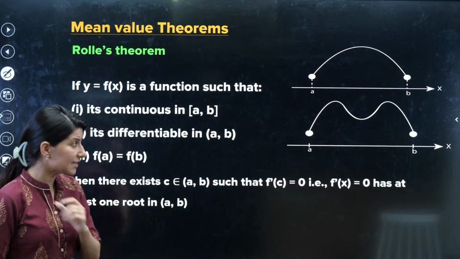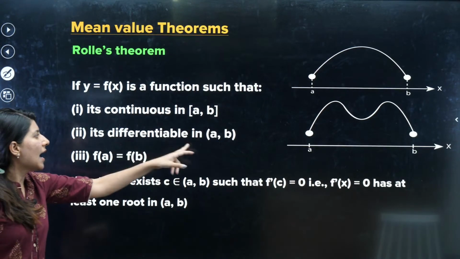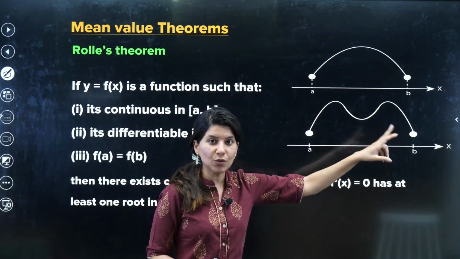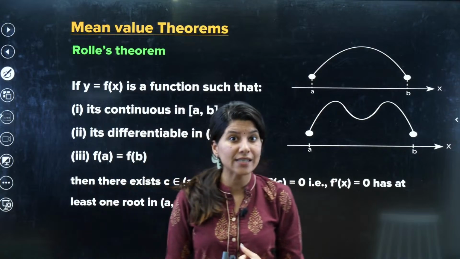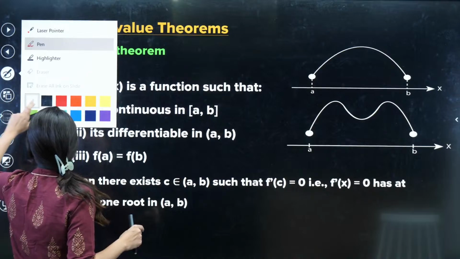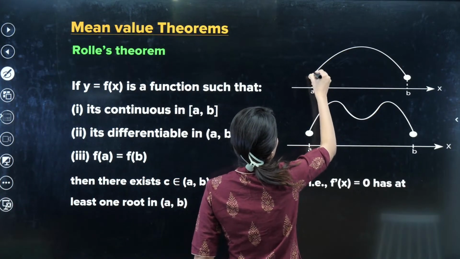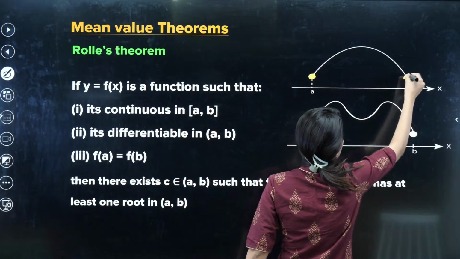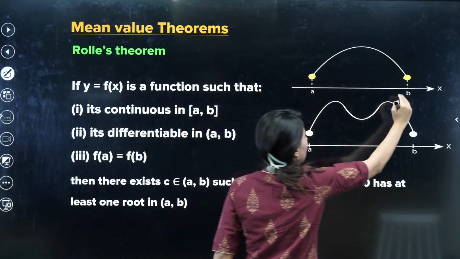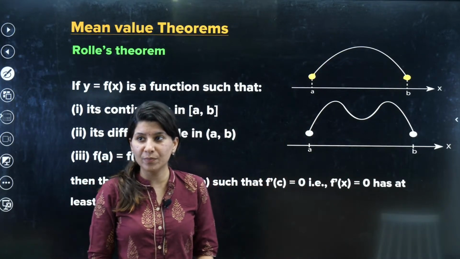So Rolle says that if a function is continuous in the closed interval and differentiable in the open interval. So suppose a to b is given to you and the function is continuous as well as differentiable, and one more criterion Rolle's wants to say is, okay, this is your a point and this is your b point, and if both the values, that means f of a and f of b, are equal, f of a is equals to f of b, right?